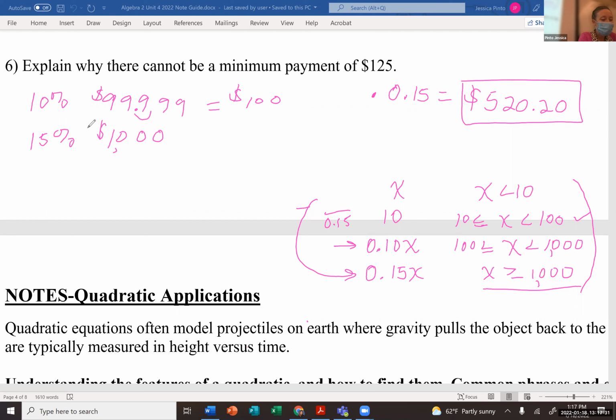And 15% of $1,000, yep, just like I thought, is $150. So there's just no instance where 125 would be the fee because that 1 penny difference, and you actually have to pay $50 more.